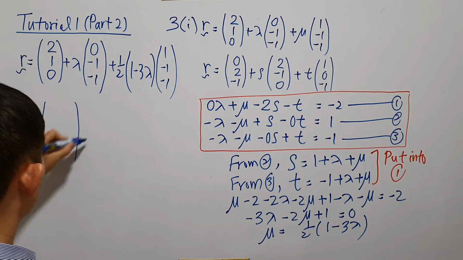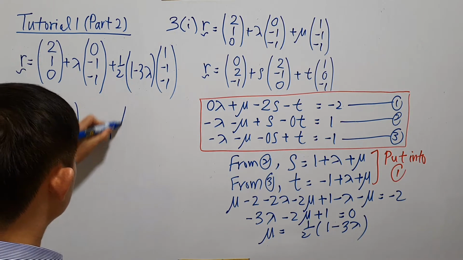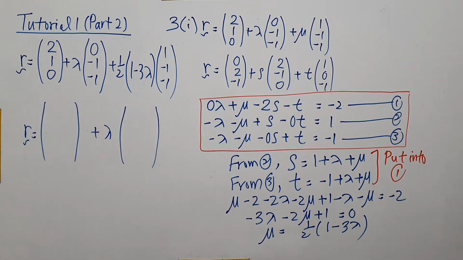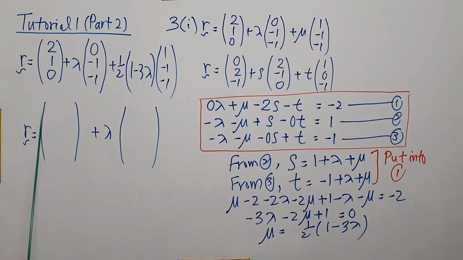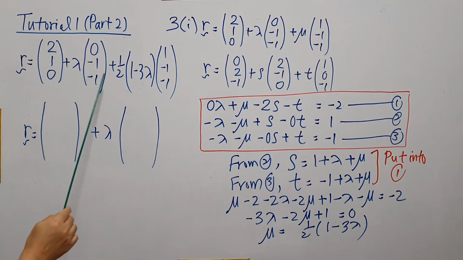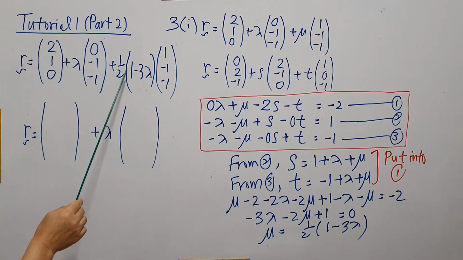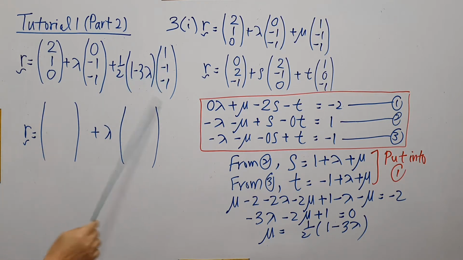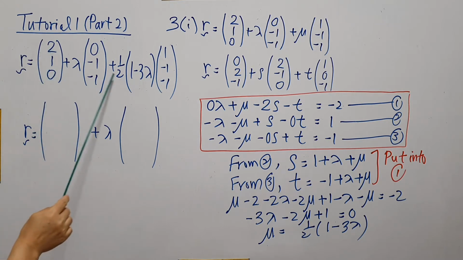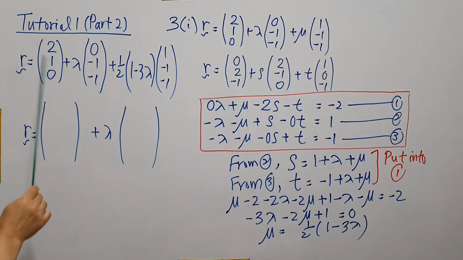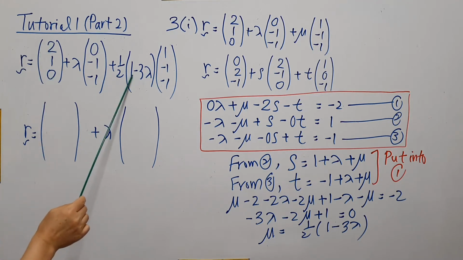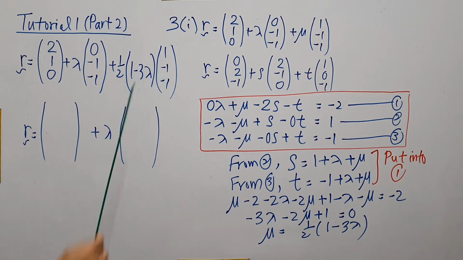Okay, look, don't blink your eyes. Right, so what I'm going to do here is, 2, 1, 0 will plus half times 1 times this vector. So we have 2, 1, 0 plus half, minus half, minus half.